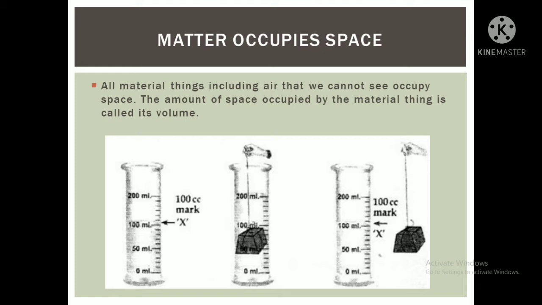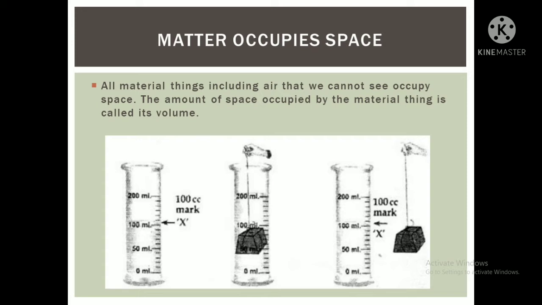Then one block is immersed in that water, and immediately as it is immersed, what happens? The level goes from 100 ml to 200 ml directly. Means what? A 100 ml difference.